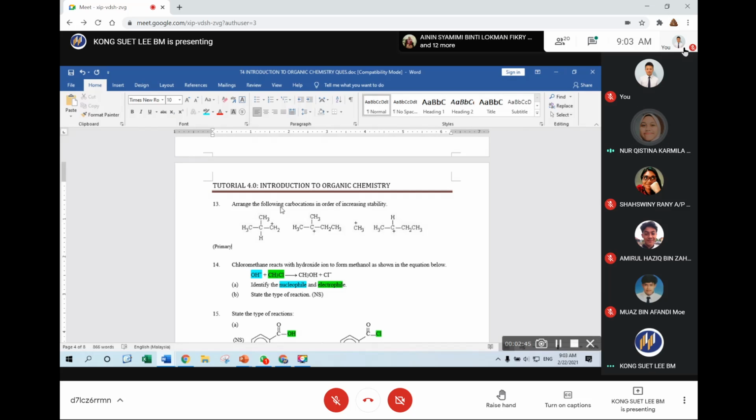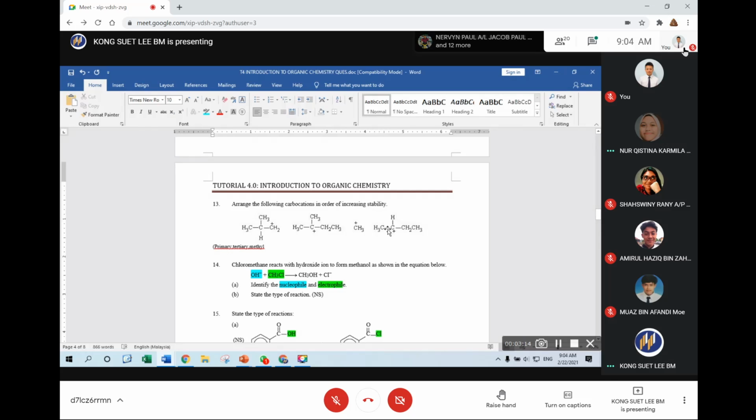Oh, primary. Okay, yang ini ikat dengan berapa carbon? Sorry, tak dengar. Berapa? 1, 2, 3. Third, 3. 3 jadi maksudnya? Tertiary. Okay, yang ini? Ni tak ada kan? Tak ada, kita pakai methyl lah.